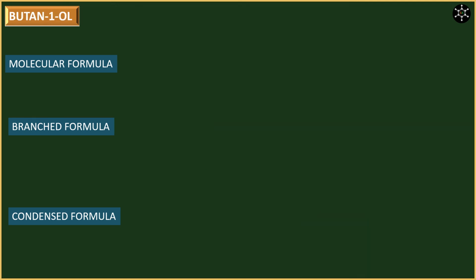Butan-1-ol has 4 carbon atoms, 10 hydrogen atoms, and 1 oxygen atom. So its molecular formula is C4H10O. Coming to the connection between these atoms in the molecule, 4 carbon atoms are connected to each other through a single bond. Last carbon is connected to oxygen. We know that carbon valency is 4. For this carbon, we just have written one bond, so there must be 3 more on it.